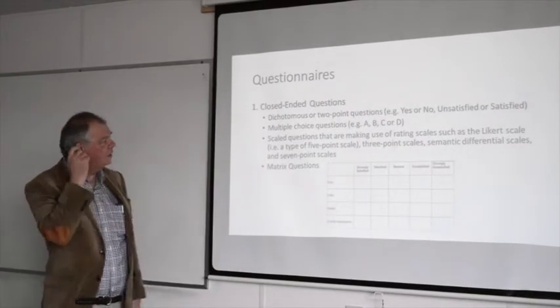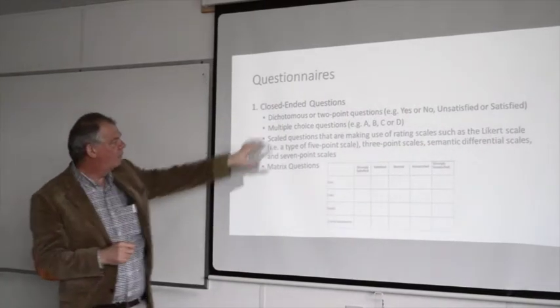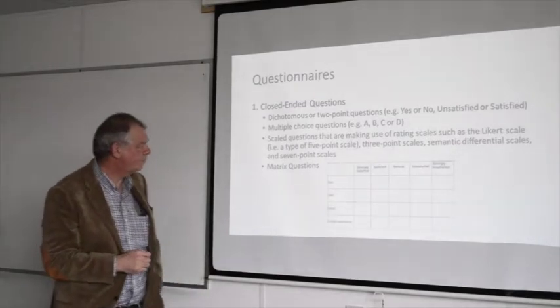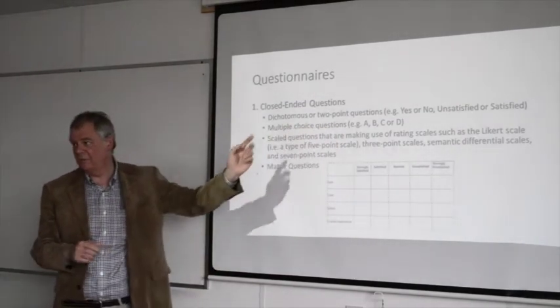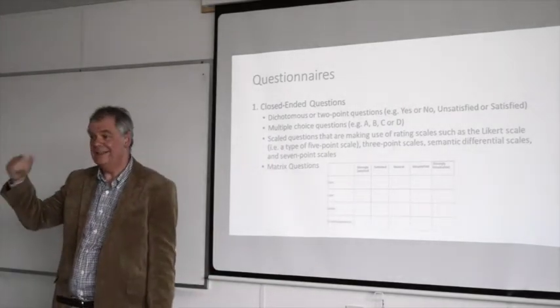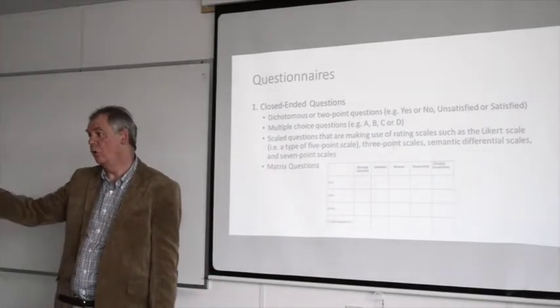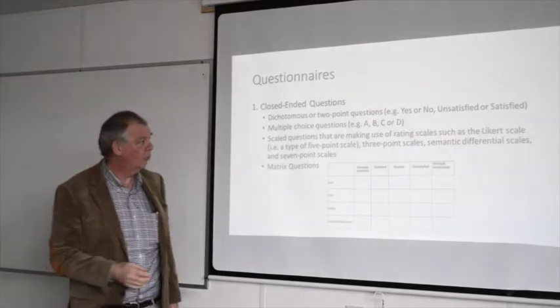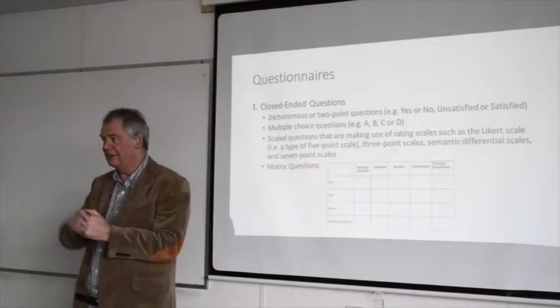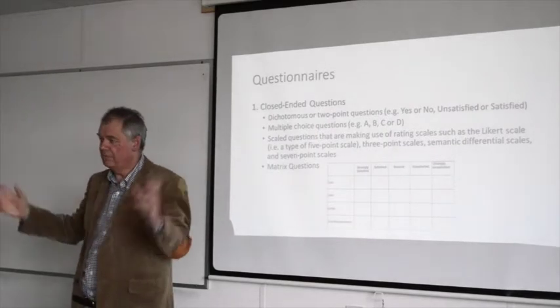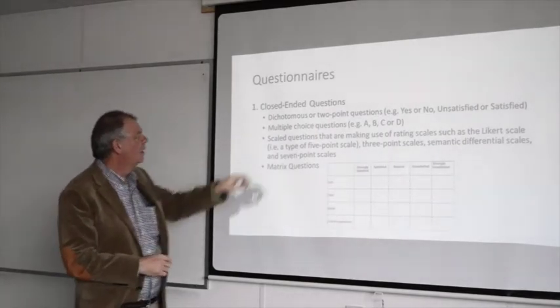The closed-ended questions are of many different kinds. You've got the dichotomous question, which has two values to it: yes or no, good or bad, right or wrong, satisfied or unsatisfied. And you can ask questions like that. They can tick a box with those. Very simple and straightforward.